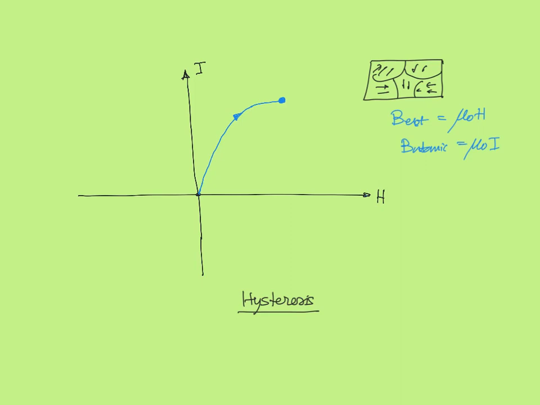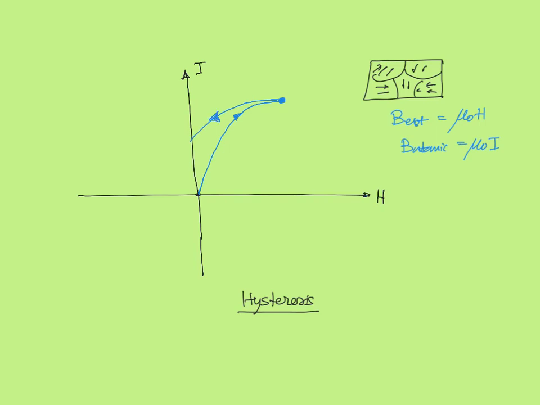Now from the saturation state, what happens? Suppose you remove the external magnetic field, it still remains a permanent magnet. Its whole magnetism is not lost. It still remains a magnet. So the curve, instead of tracing back the same curve, goes like this.